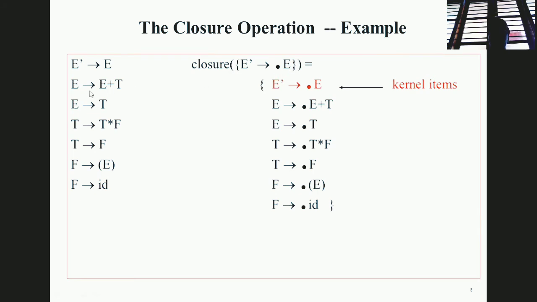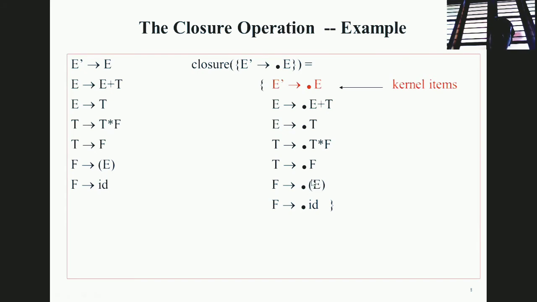My production for E is E tends to E plus T, so I add E tends to dot E plus T. Once again this is A tends to alpha dot B beta, and my B is E, so I add E tends to dot T. Once again my B is a non-terminal symbol, so I add all the productions of T. I add T tends to dot T star F, then T tends to dot F. Once again my F is a non-terminal symbol, so I add F into this set: F tends to dot open parenthesis E close parenthesis.